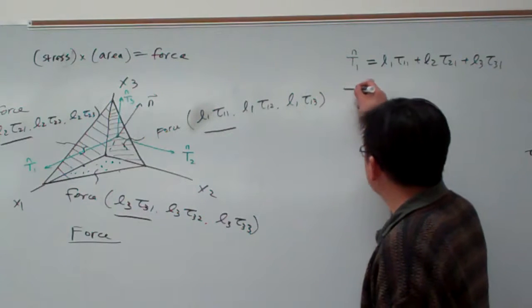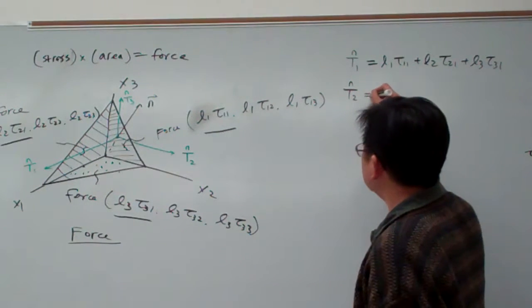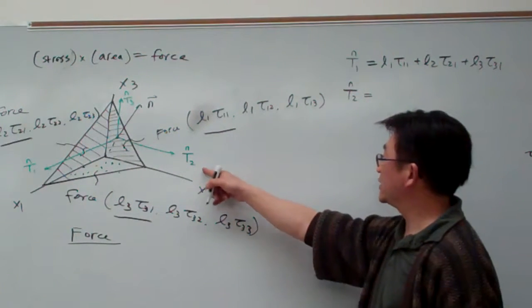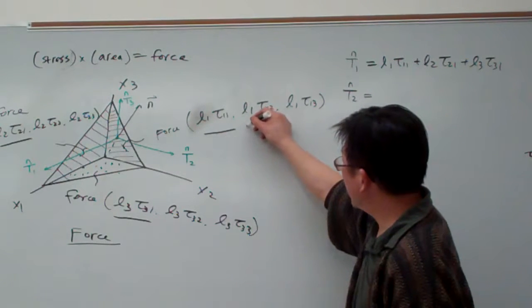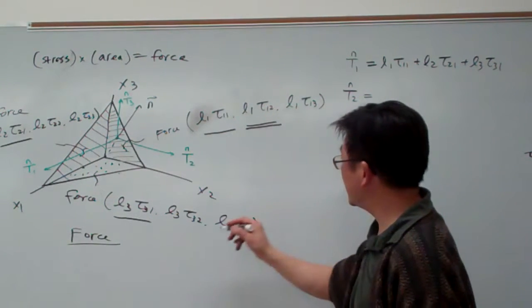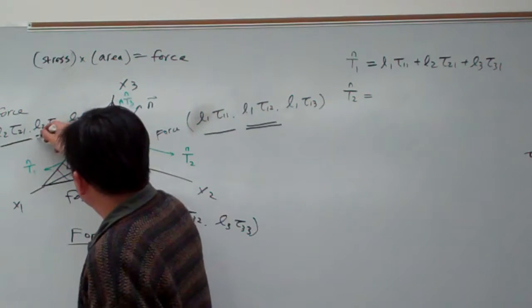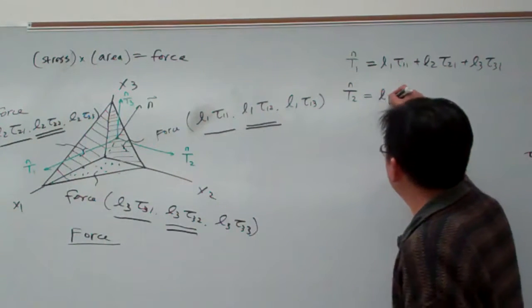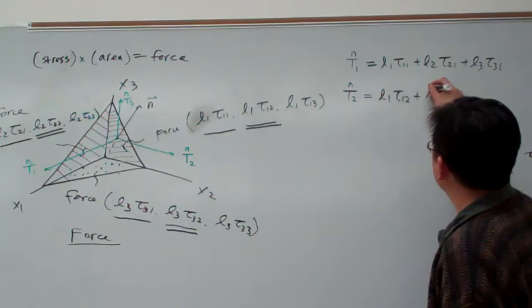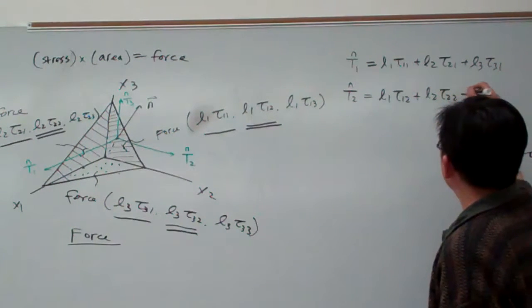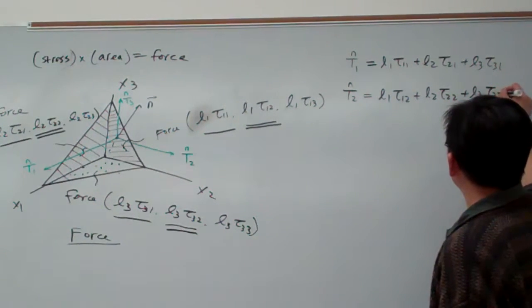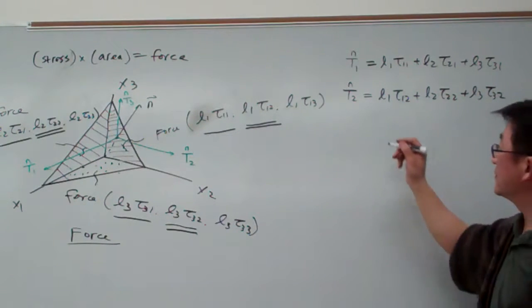And in a similar way, Tn2 must be in balance by all the forces in 2 directions. So that is highlighted by 2 underlines here. Okay, so that is L1 tau 1 2, L2 tau 2 2, L3 tau 3 2.